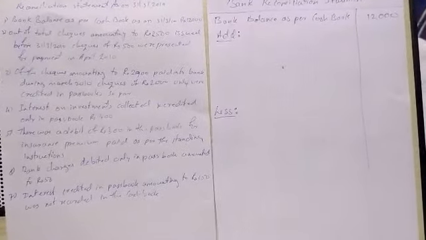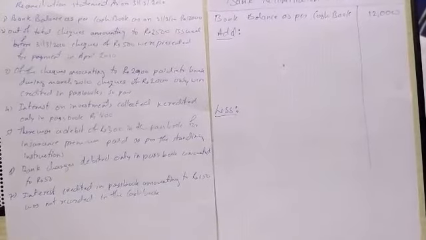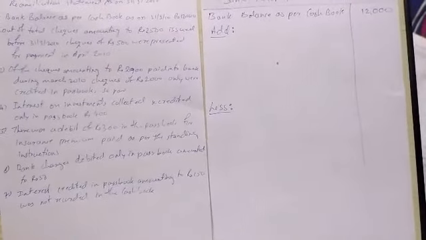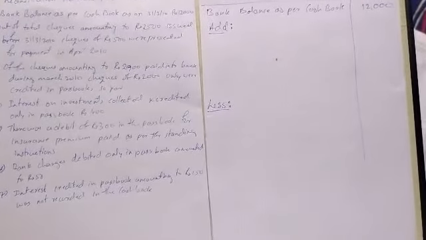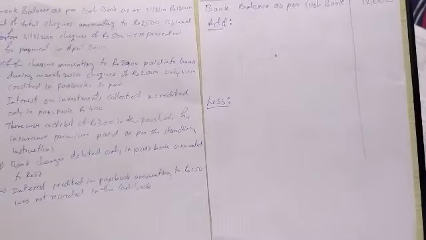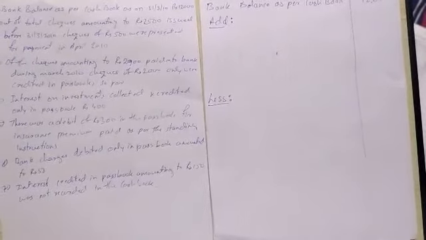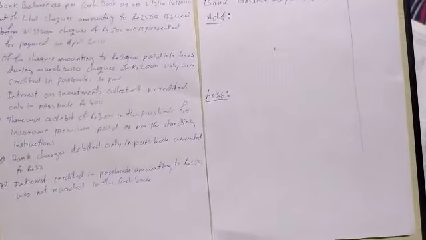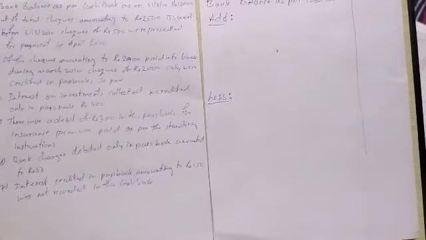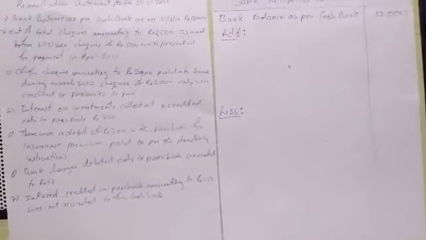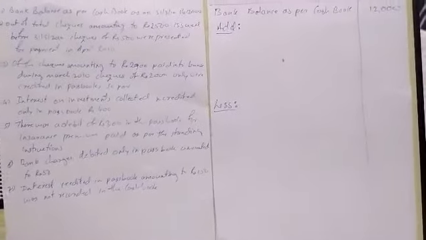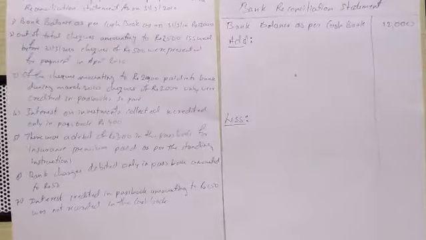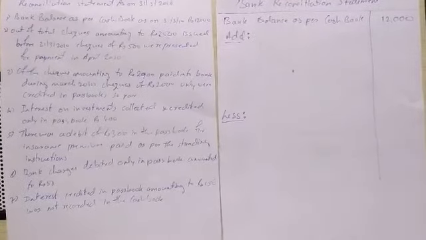So here we get a difference in balance: our bank account in our cash book shows a different balance, and our passbook shows a different balance. To find out exactly what balance appears in the passbook and cash book, we prepare a bank reconciliation statement.